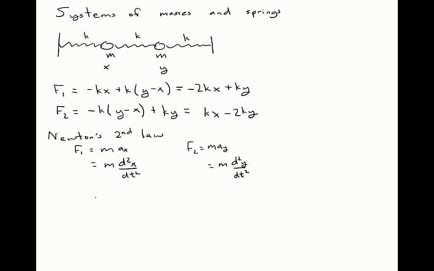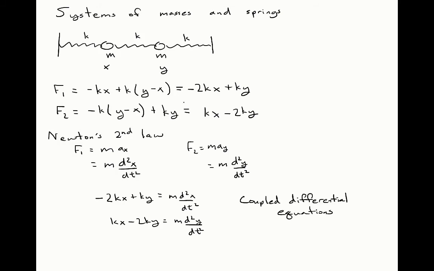So we get 2 differential equations out of this. So our first force equals this derivative, and our second force equals this derivative. Okay, so this is our system of coupled differential equations.